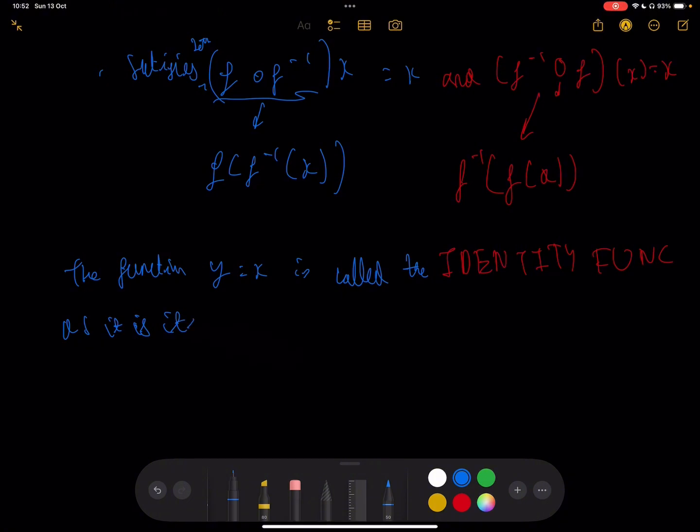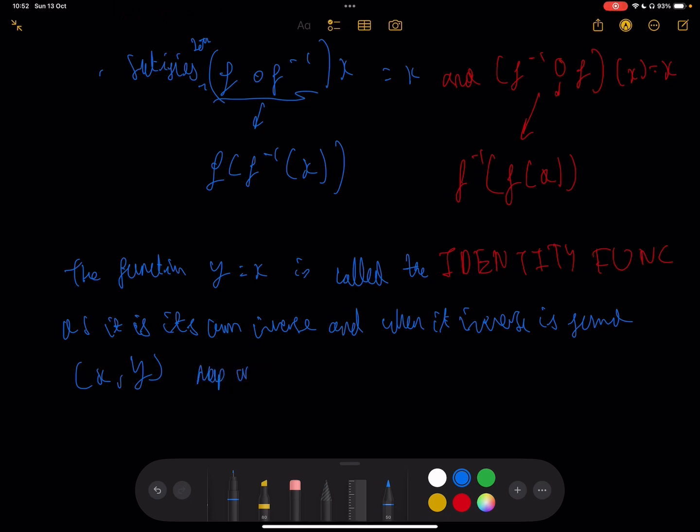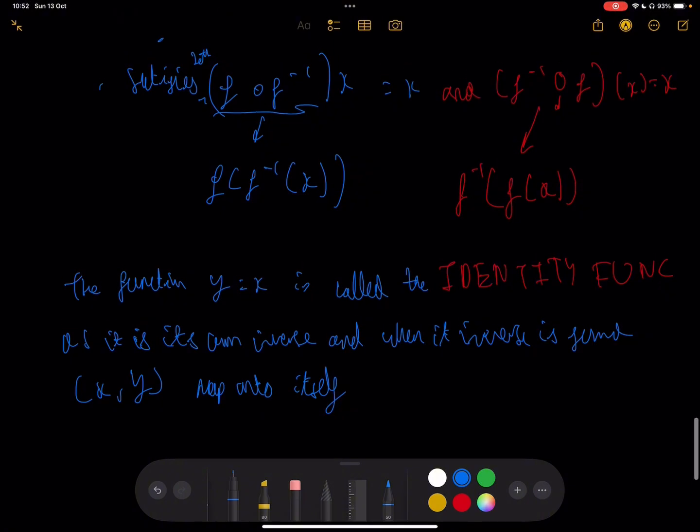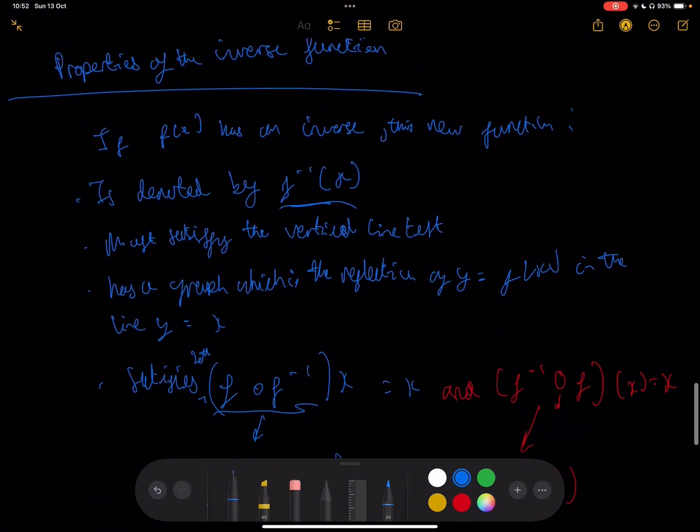So it is its own inverse, and when its inverse is found, x, y coordinates map onto itself. So the function y is equal to x is the identity function. This is why we use it.